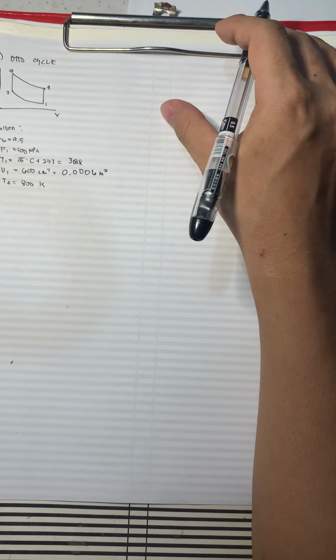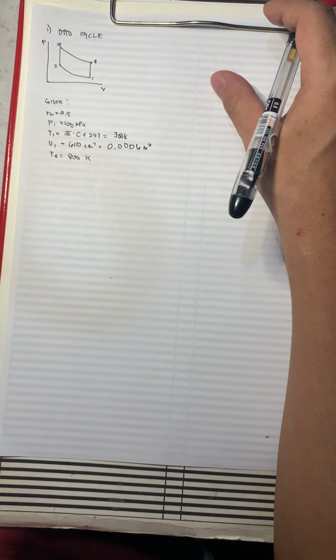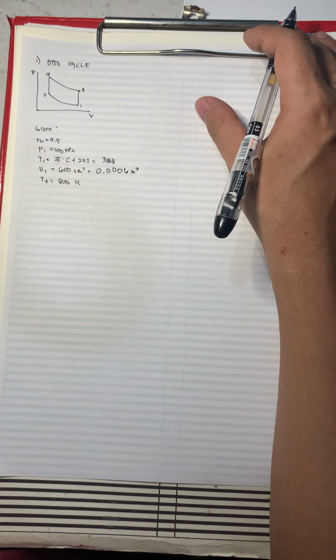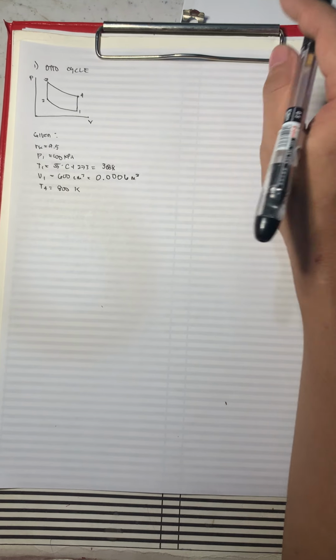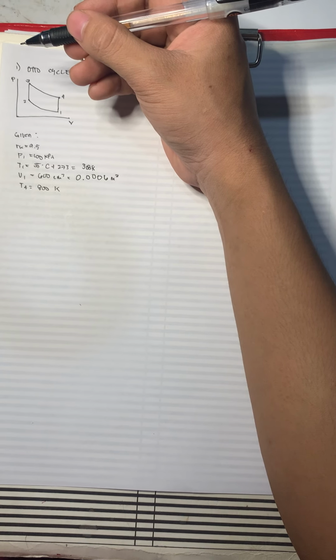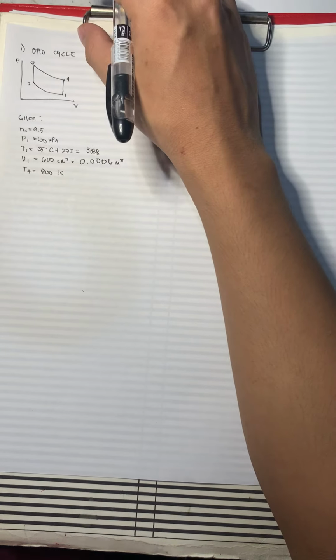So in A, the highest temperature and pressure in the cycle. So here, P3 and T3.